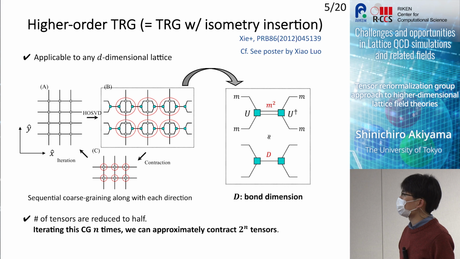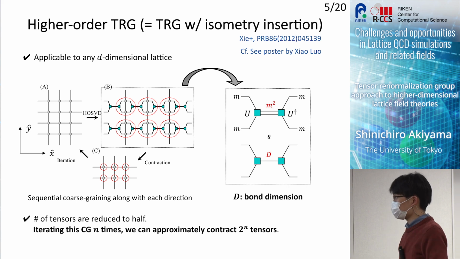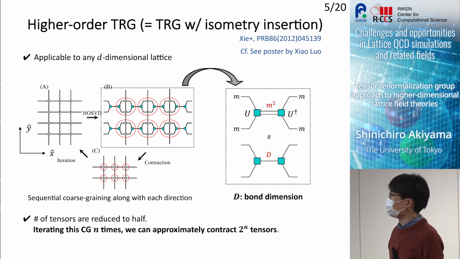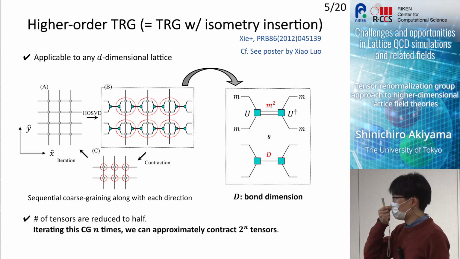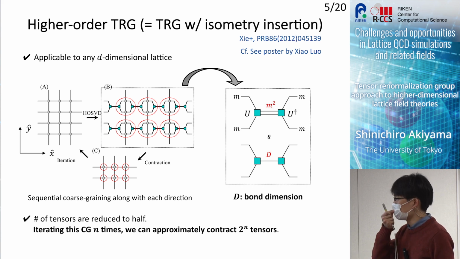But by using this tensorial SVD, we can introduce a low-rank approximation by inserting the isometry, which corresponds to restricting the size of the internal leg up to D. Usually this truncation parameter is called the bond dimension in tensor network algorithms, so I will refer to it as the bond dimension in this talk.